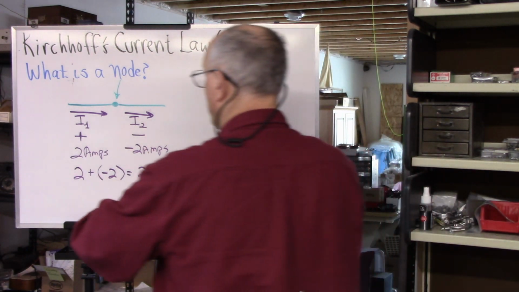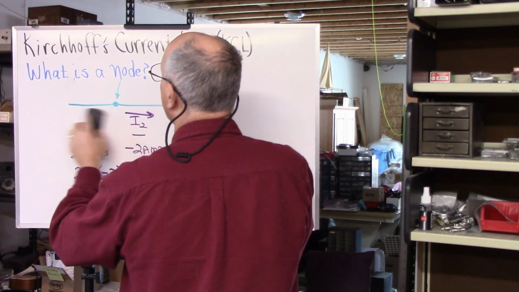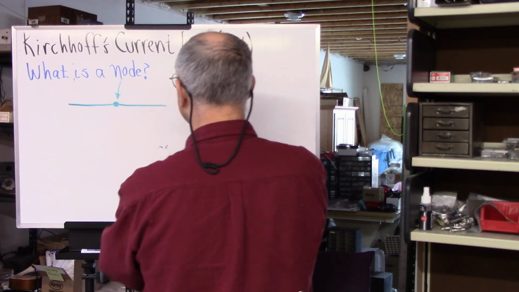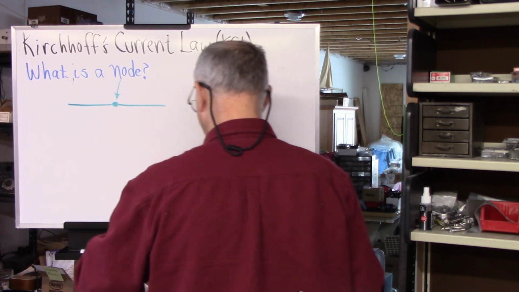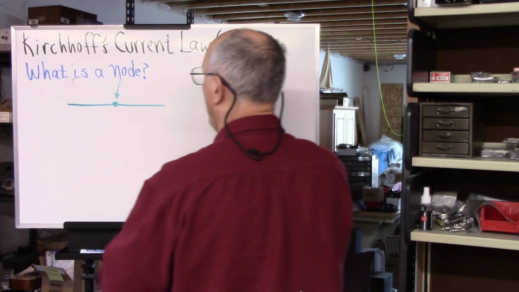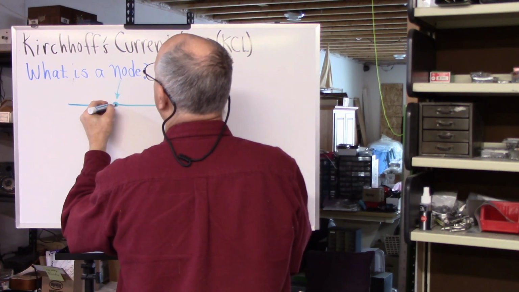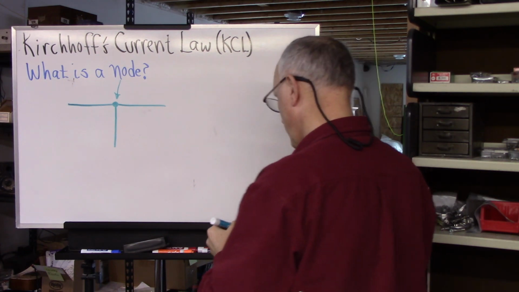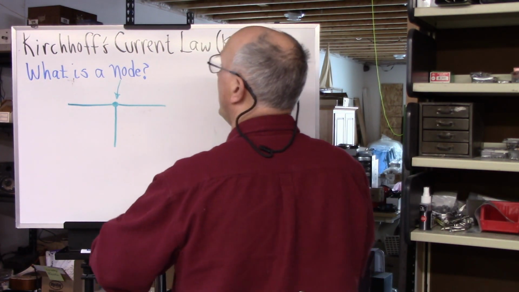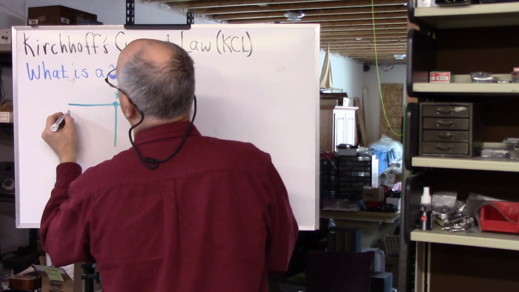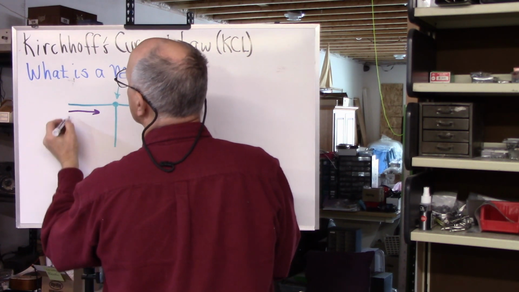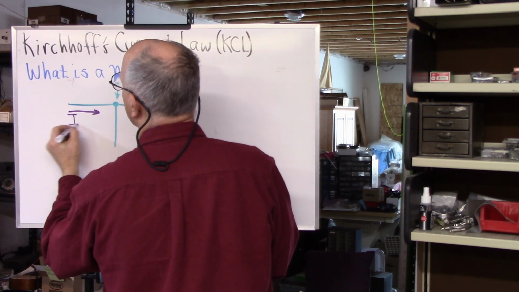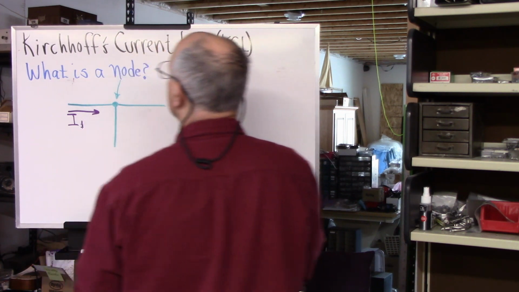All right, now let's consider a little bit more complex situation. Suppose now we add another wire to our situation here. We now have current coming here. We'll call this, just like before, I1.